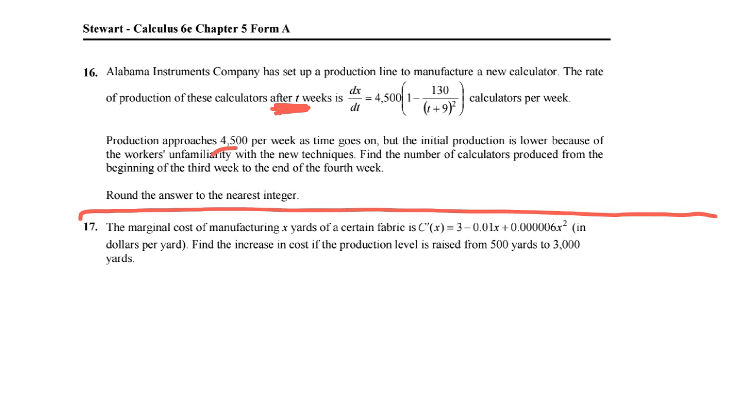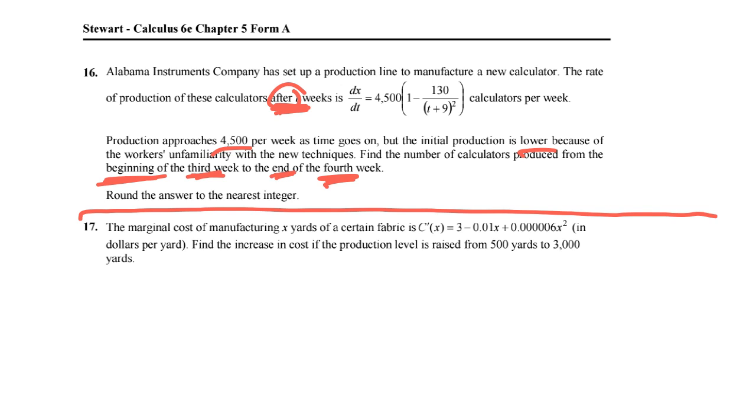Production approaches 4,500 per week as time goes on, but the initial production is lower because of the workers' unfamiliarity with the new techniques. Find the number of calculators produced from the beginning of the 3rd week, which is also the end of the 2nd week, because it's after, to the end of the 4th week.